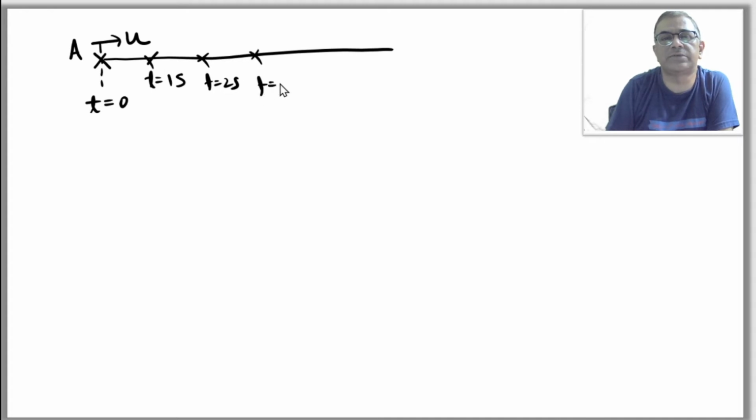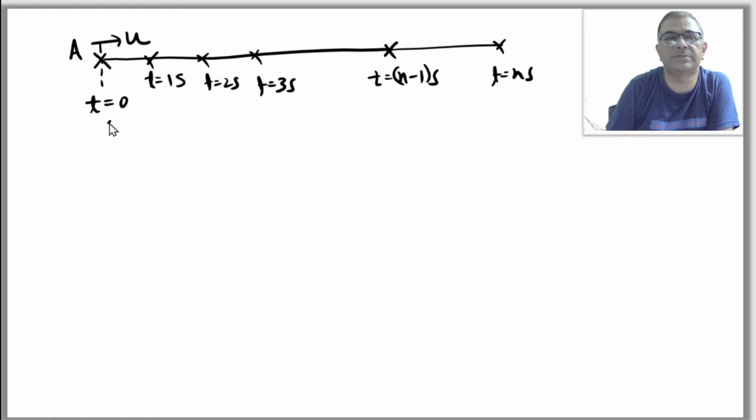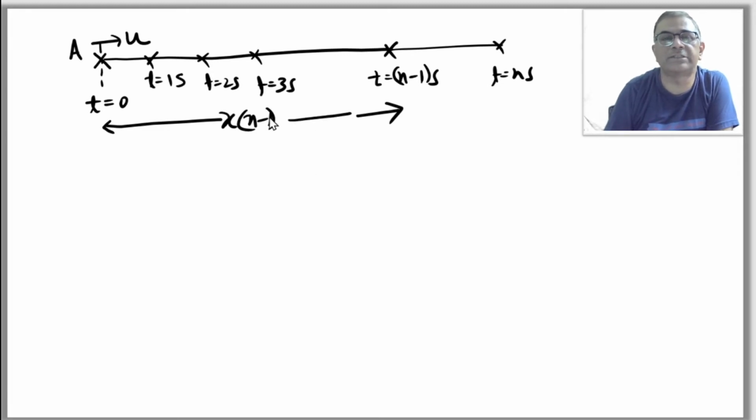This is t equals 3 seconds, and this is t equals n minus 1 second, and this is t equals n second. Right from this place to this place, this is the distance covered in n minus 1 completed seconds. And n completed seconds means what? Right from 0 to n minus 1.